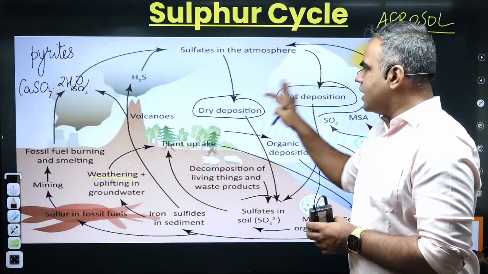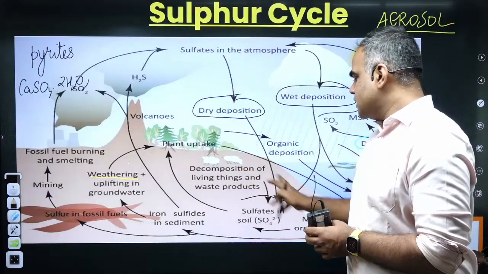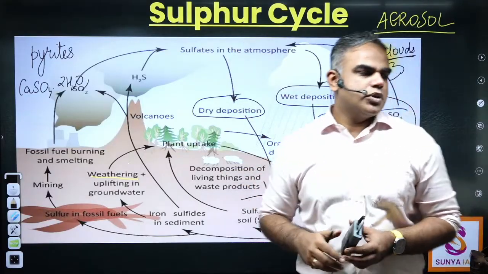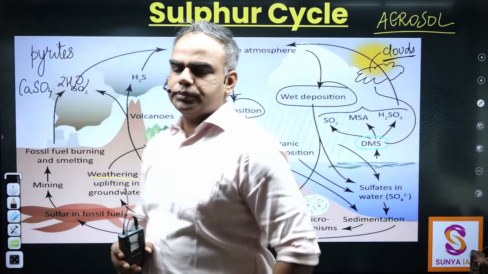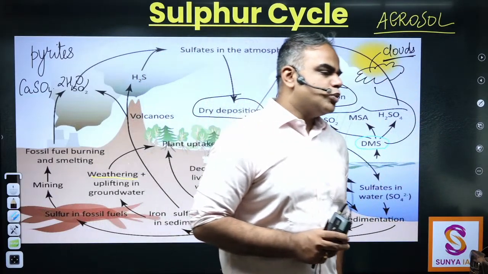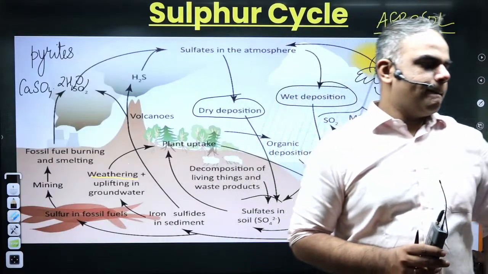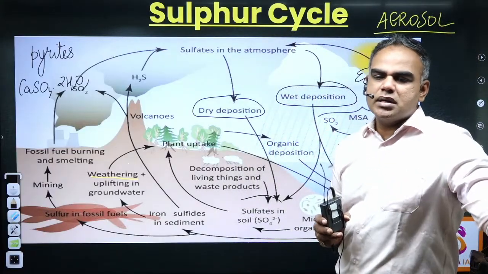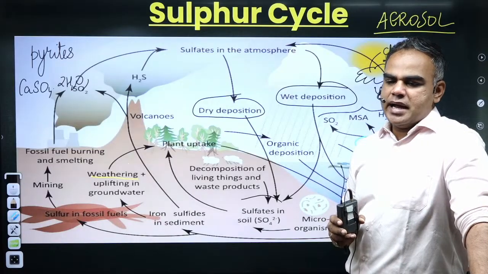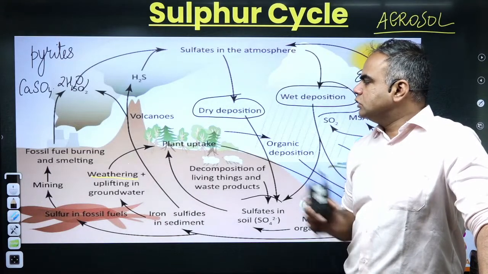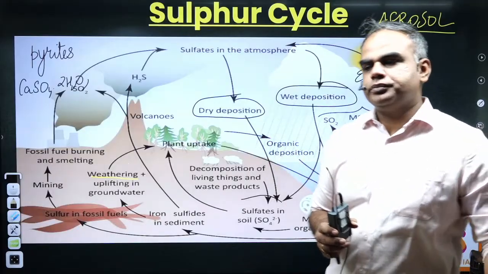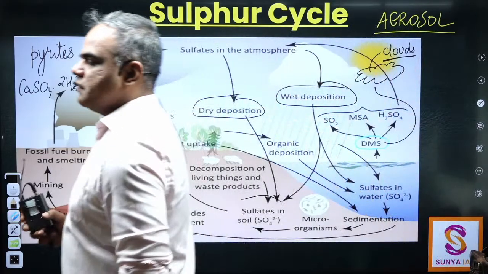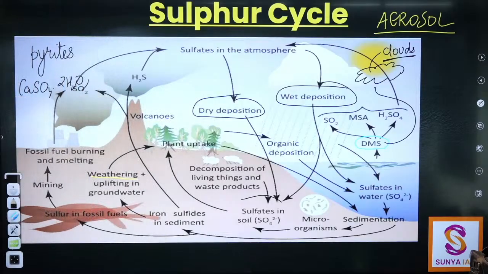Deposition can be dry and wet also, and when they settle, these are found as sediments. So you can write: sulfur compounds are deposited back to the Earth's surface via dry or wet deposition.